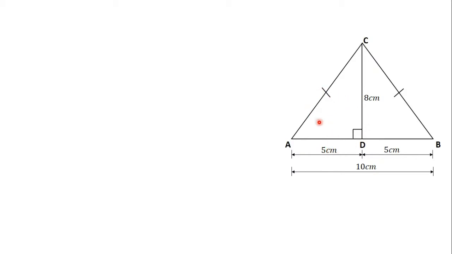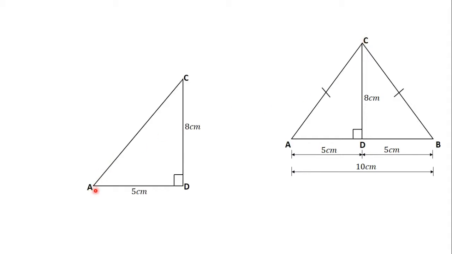Now, if you look at this very carefully, you can see that ADC is forming a right-angled triangle. So if you take ADC, we are forming a right-angled triangle with the base as 5 centimeters and the height as 8 centimeters.